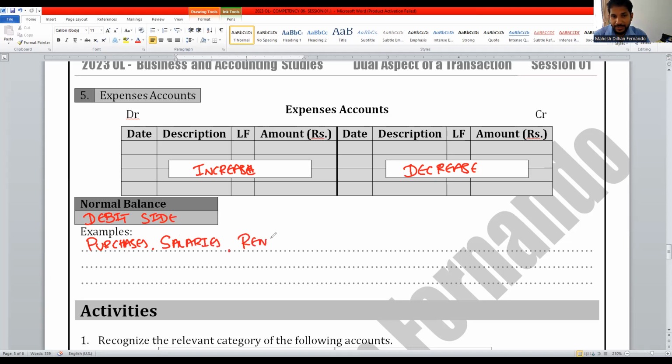Rent paid. Electricity of the business. Water bill of the business. Telephone charges. Advertising. Discounts allowed.